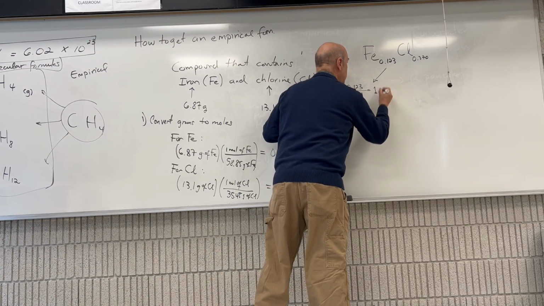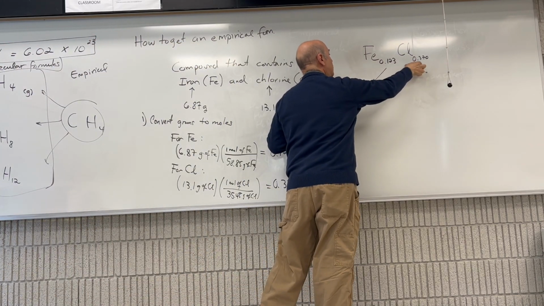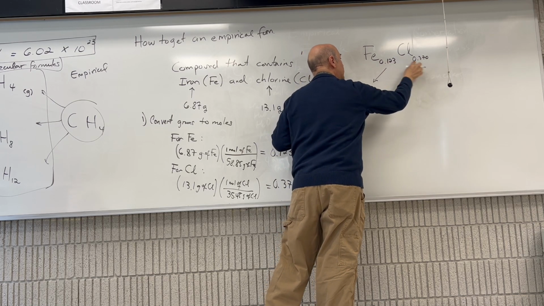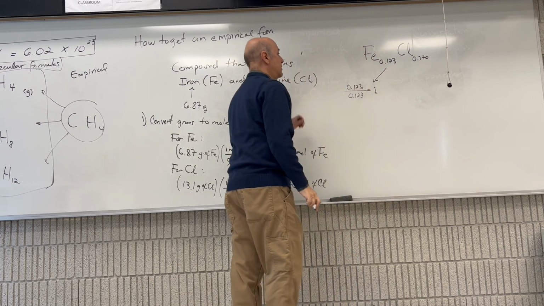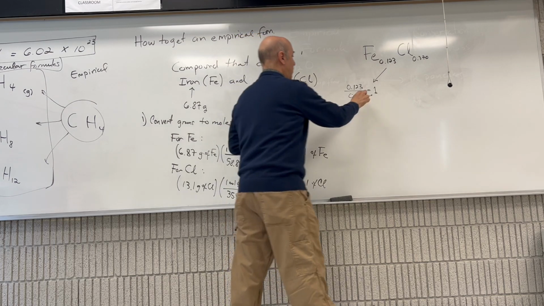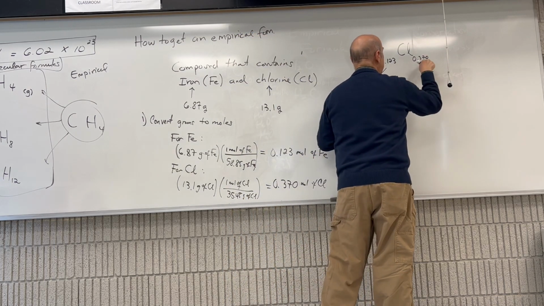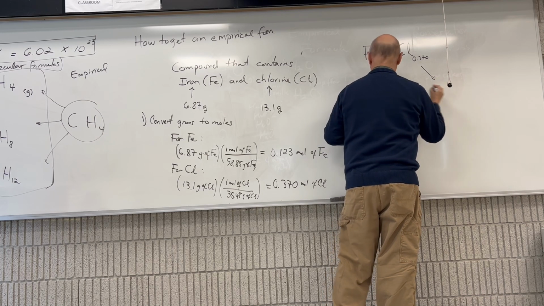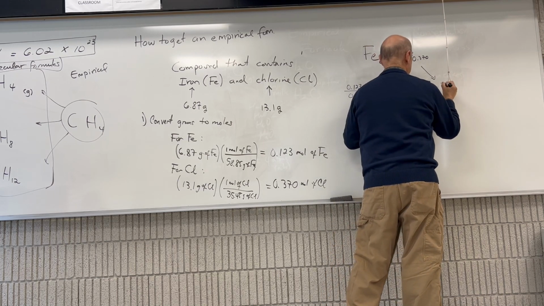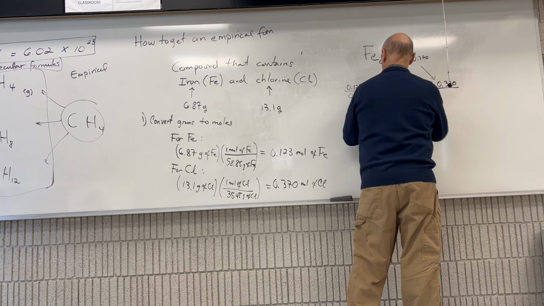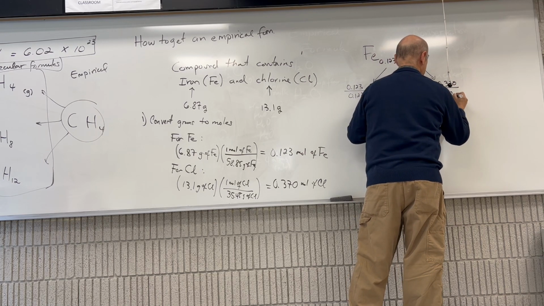Because we chose to go that way. We saw the two numbers, we picked the smallest one, and we divide both of those numbers by the smaller one. And when I do that, I get a 1 there. If I do the same for these, I have to be consistent, so I put 0.370, and I'm going to divide that by 0.123.